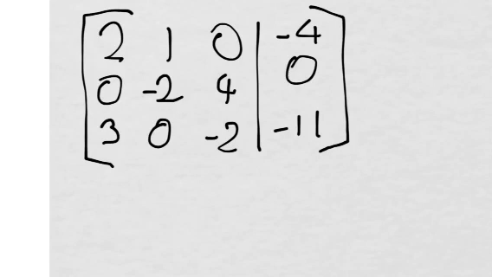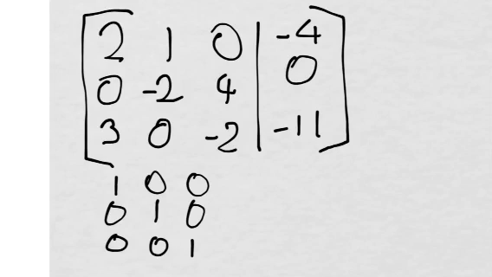So we are going to be solving this matrix. We want to start off by putting it in the form 1 0 0, 0 1 0, 0 0 1, and that will be x, y, and z.